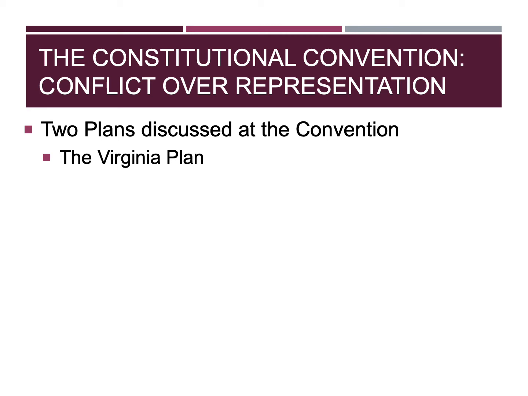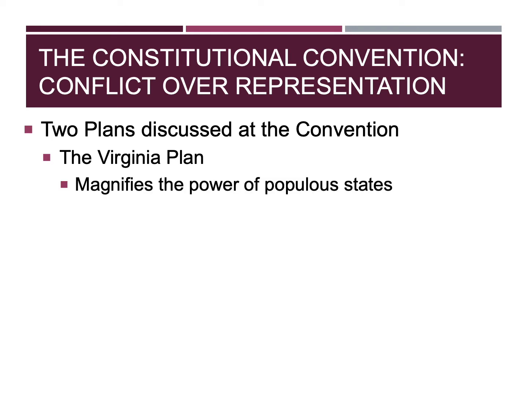It was presented by a Virginian, but on behalf of those states that had a very large population. And because humans are power hungry and seeking power most of the time or some of the time, the Virginia Plan was designed to magnify the power of the populous states.